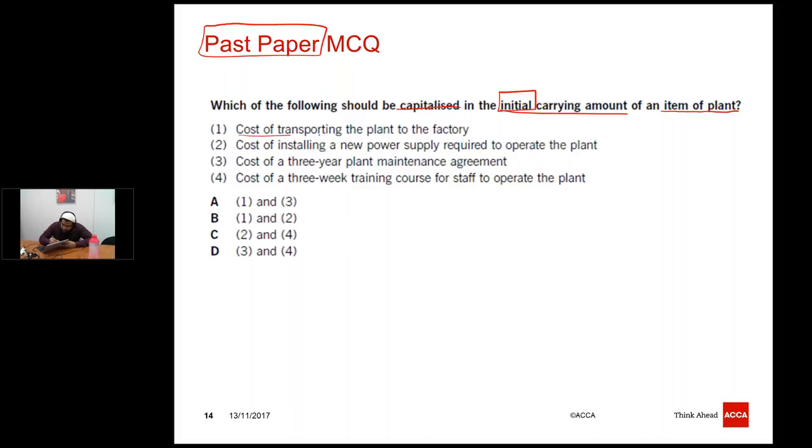The cost of transporting the plant to the factory, cost of installing a new power supply required to operate the plant, cost of a 3-year plant maintenance agreement, and a 3-week training course for staff to operate the plant. Now you have to answer correctly.